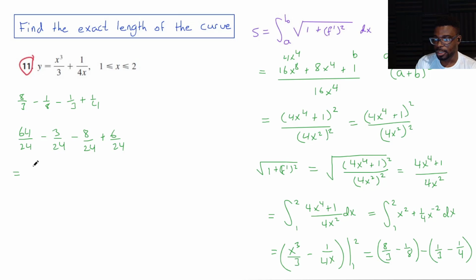So this would be 64 minus 3 minus 8 plus 6, all over 24. Alright, so 64 minus 3 is 61, minus 8 gives us 53, plus 6 gives us 59. So it looks like our final answer is 59 divided by 24.